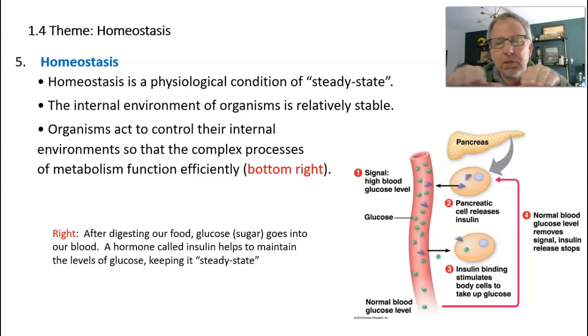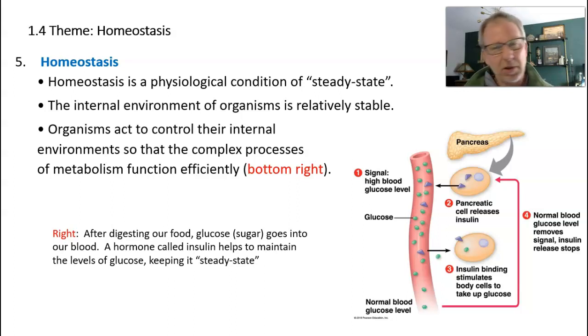The organism is working on keeping it stable, because otherwise, if the chemistry inside the organism starts changing very much, that could kill the organism. Everything is humming along and fine-tuned very specifically. So organisms act to control their internal environments, their homeostasis, so that complex processes of metabolism can function efficiently.